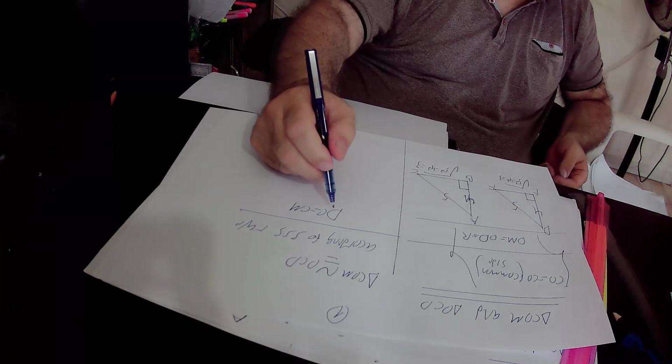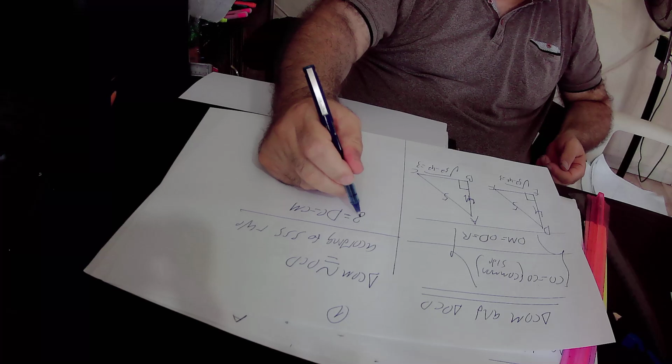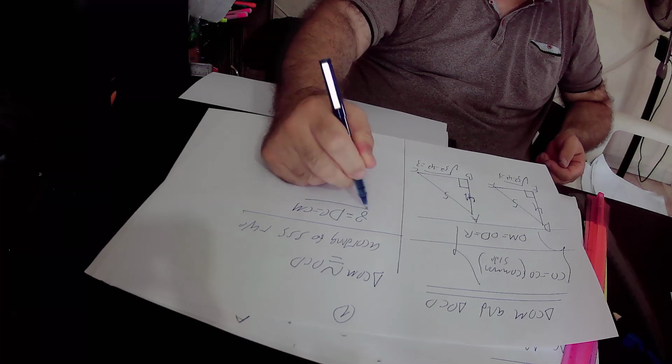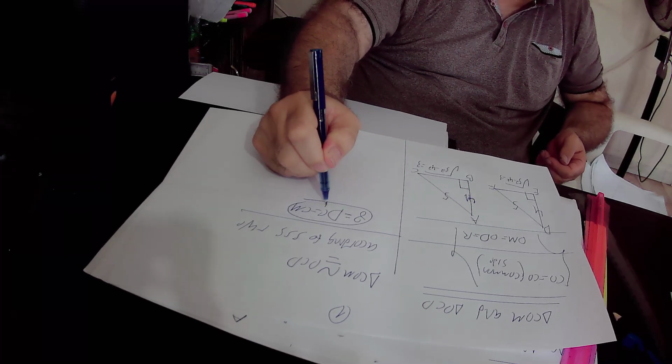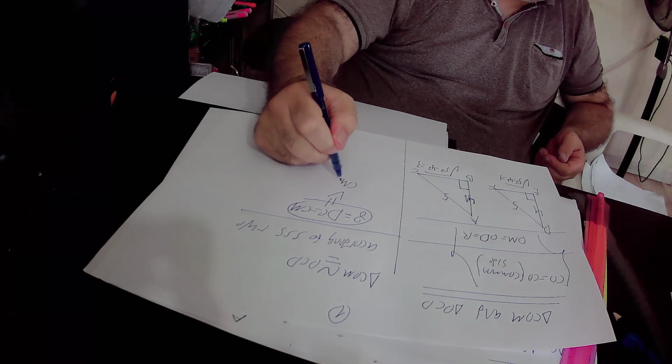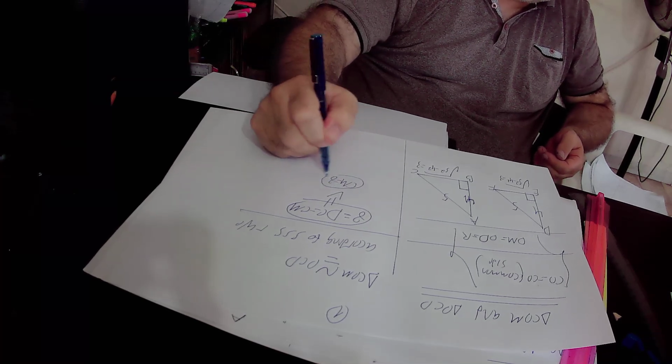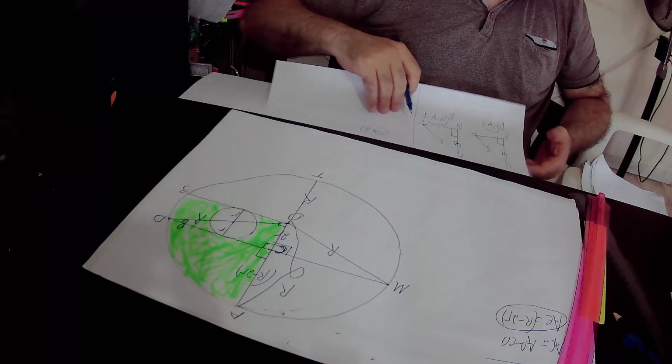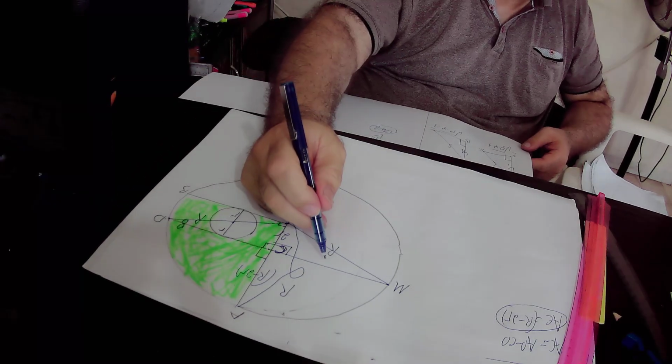But we know that DC equals 8 units according to what is given. And from this equation, 8 equals DC equals CM, we derive that CM is also equal to 8 units. CM equals 8 units.